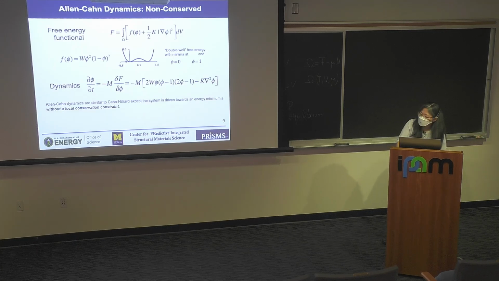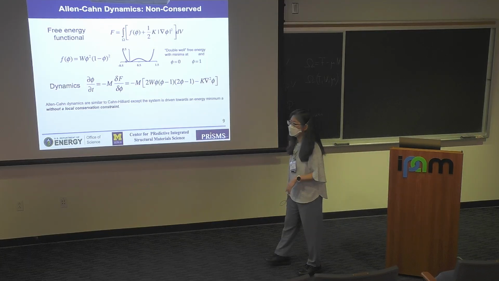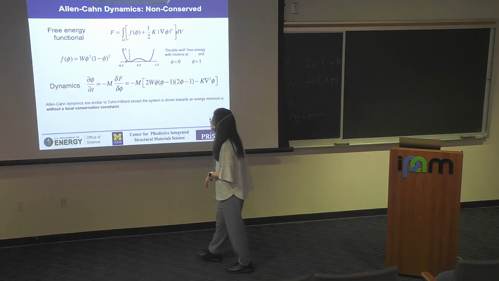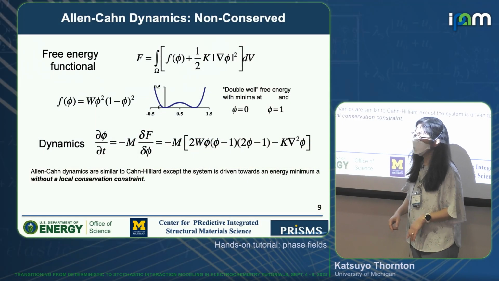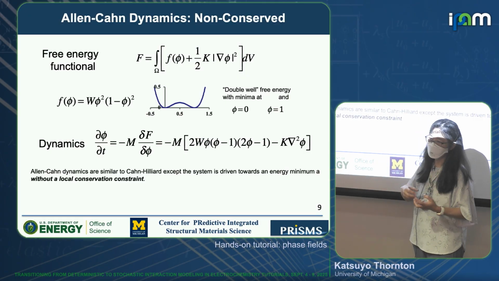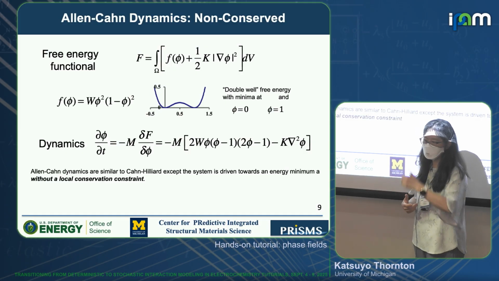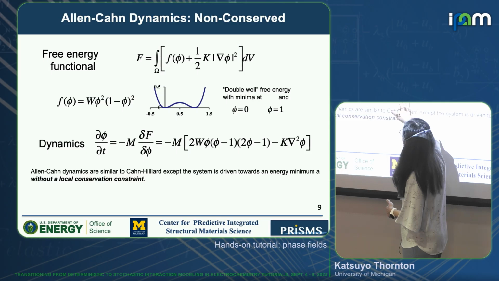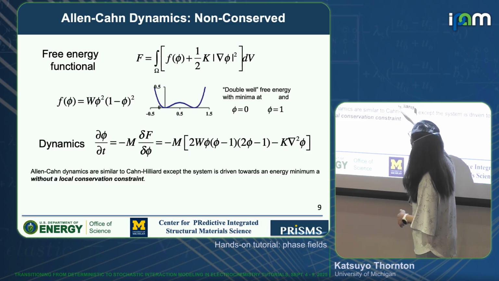And the non-conserved case is quite similar, but the evolution of the order parameter doesn't really need what comes in minus what goes out to give the rate of change. No, this is just proportional to the chemical potential.